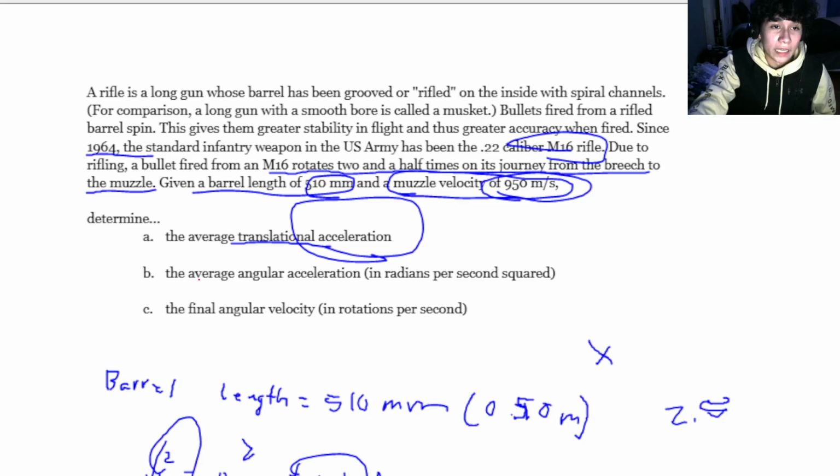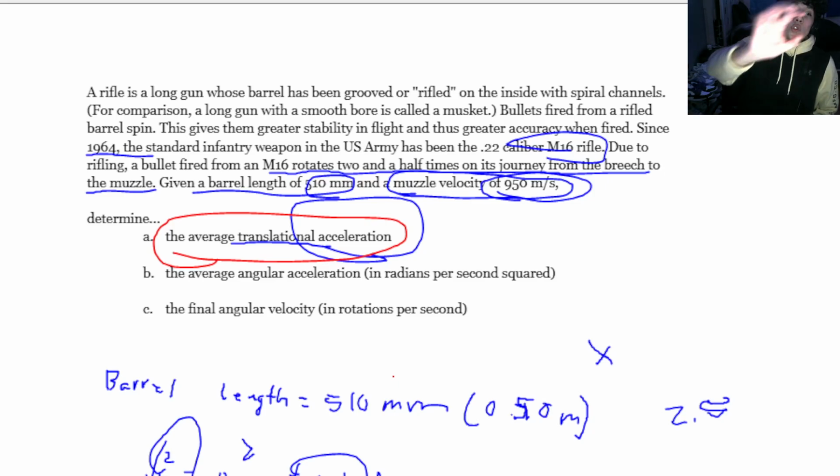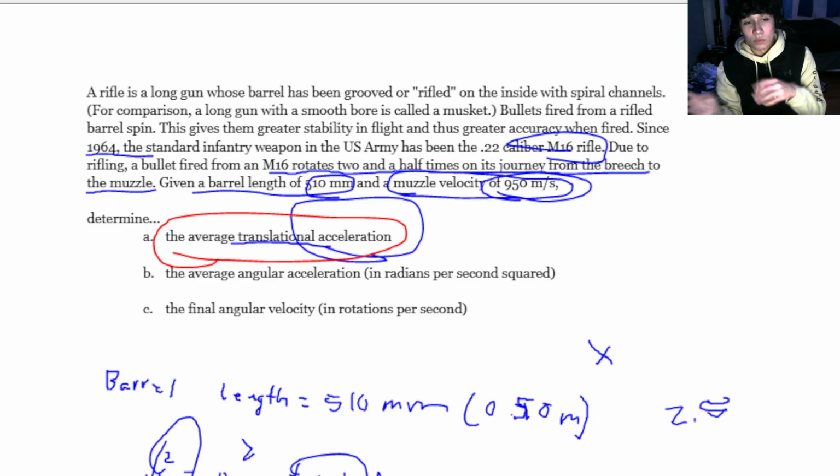So that would be the average translational acceleration. You use the kinematics equation, rewrite it to solve for a, the acceleration, enter all the values you already have, and whatever you get out of the calculator is how many meters per second squared inside the barrel.